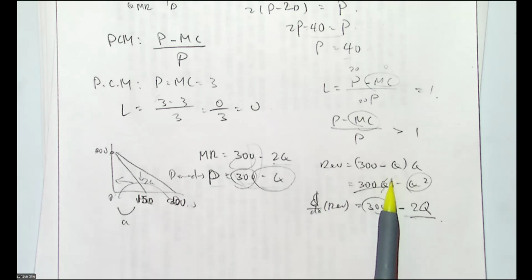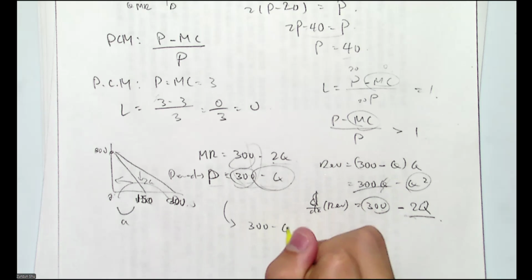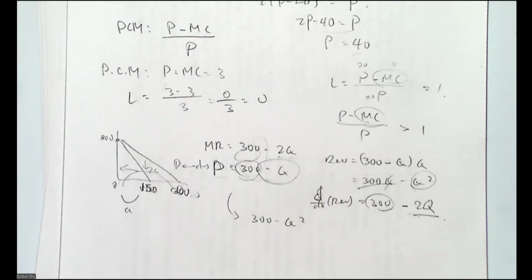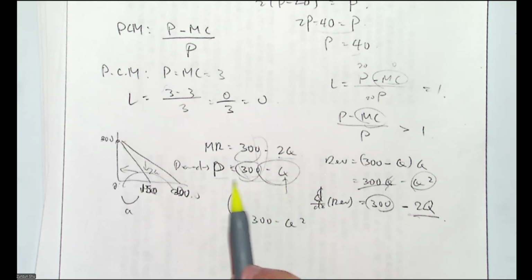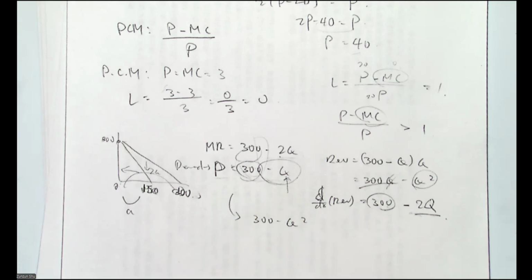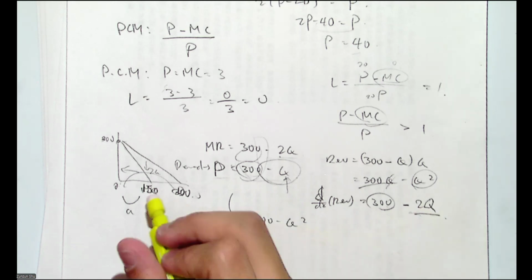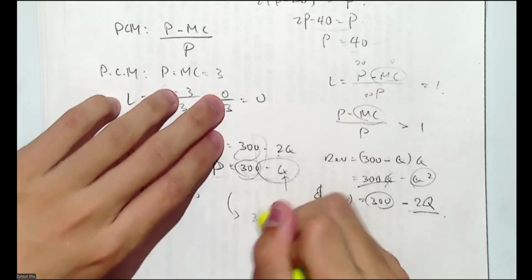If for some reason you have a price curve that looks like 300 minus Q squared, then that's not going to be the same. If it's like that, then it's going to be 3 times. But in almost all of the questions you do here, the demand curve's Q has an exponent of 1. So in the end, you're going to see a marginal revenue with a slope 2 times that of the demand.